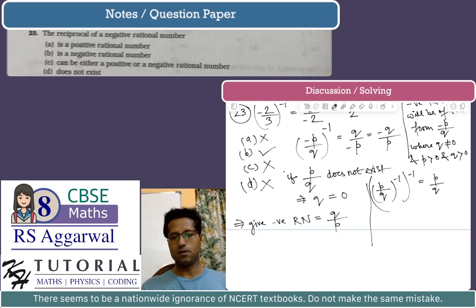Now q equals 0, so this will be equal to 0 by p, which is equal to 0. But it is said that the original rational number is a negative rational number. A negative rational number cannot be equal to 0. It is always less than 0. And hence the reciprocal of a negative rational number not existing cannot be true. So the correct choice is B, that is, it is a negative rational number. This was quite tricky because the choice D might confuse you.